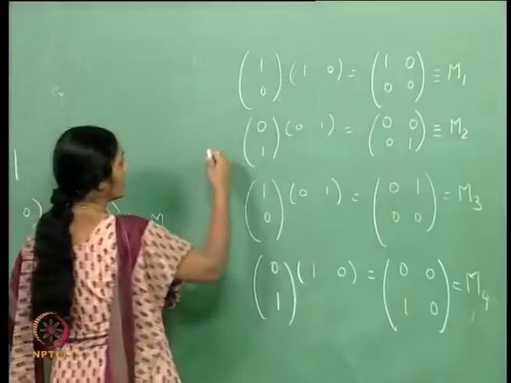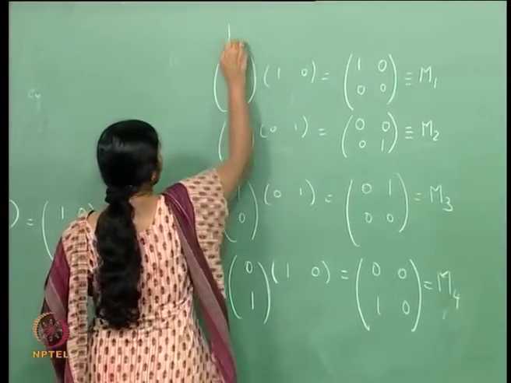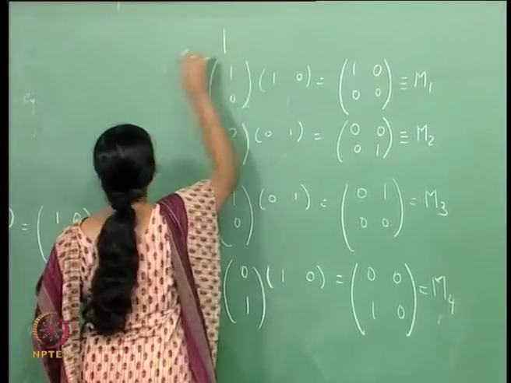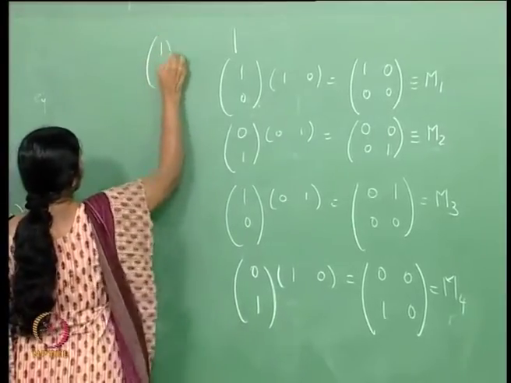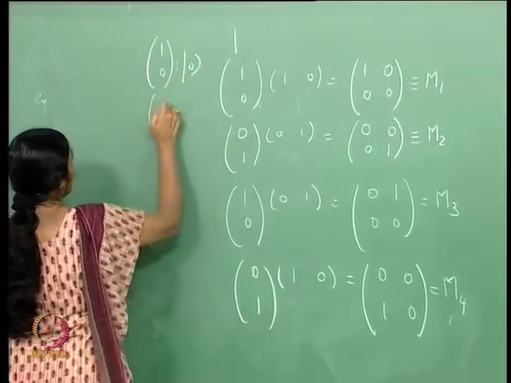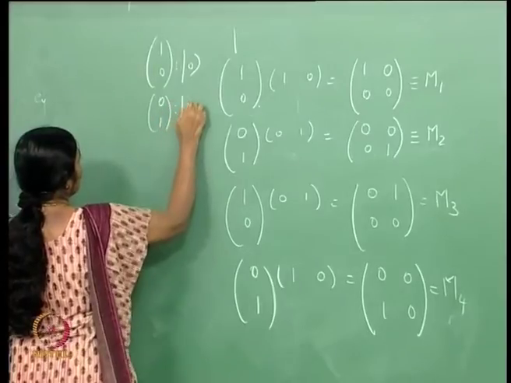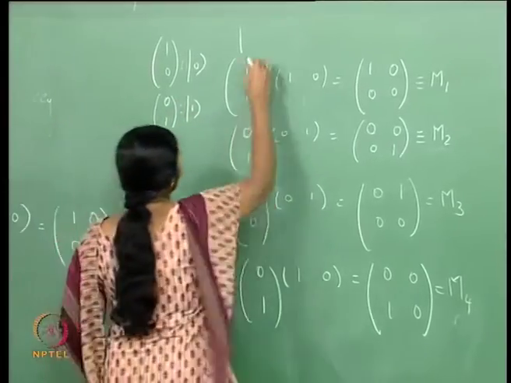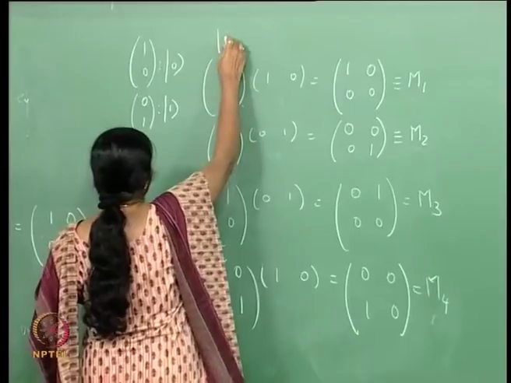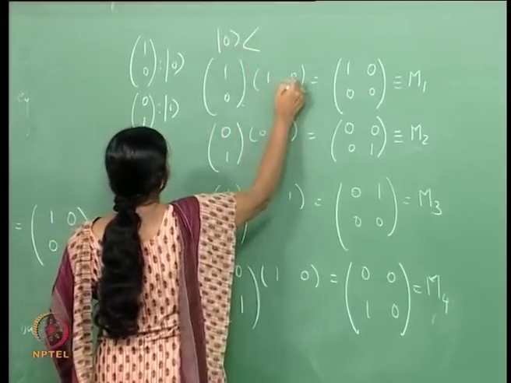Notation, the Dirac notation. This is 1 0, in my notation ket 0, and 0 1 was ket 1. So, this is ket 0 and that is ket 0.